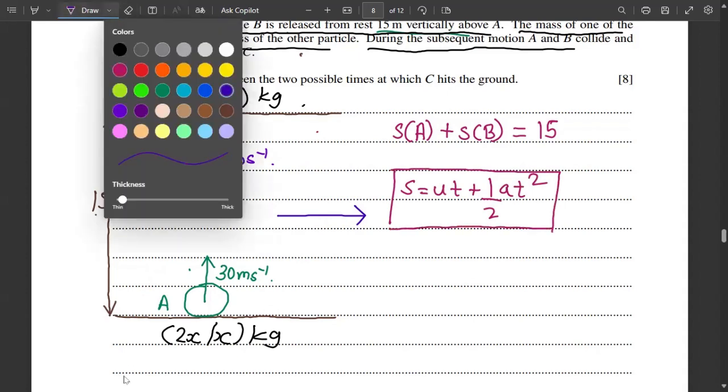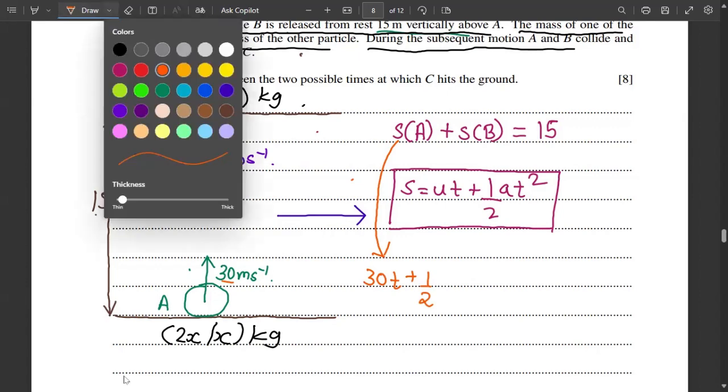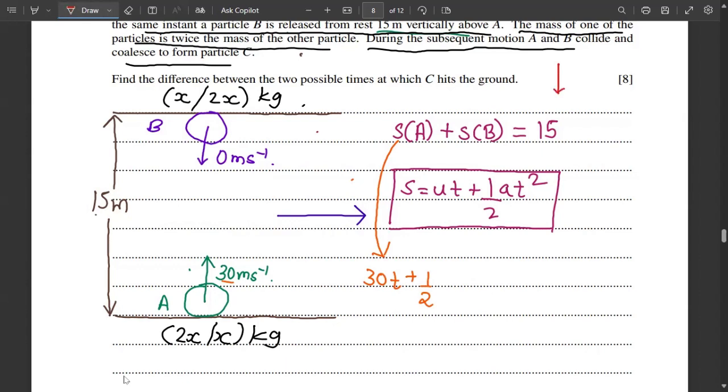I'll explain this question very slowly so that you can understand each part of it. So displacement of A will be 30t, because initial velocity is 30, plus half at square. Now let me tell you one thumb rule, not only for this question but for the entire kinematics: if something is moving downwards, it is considered negative.